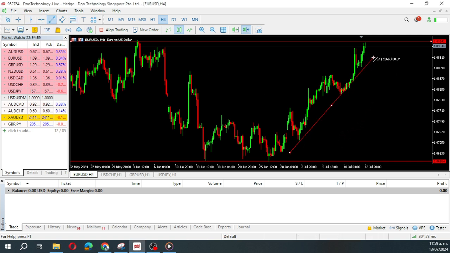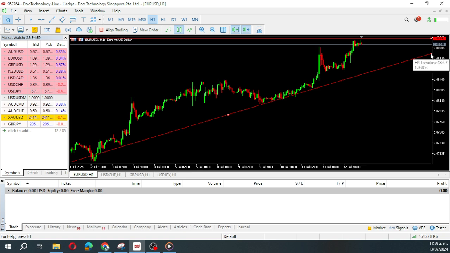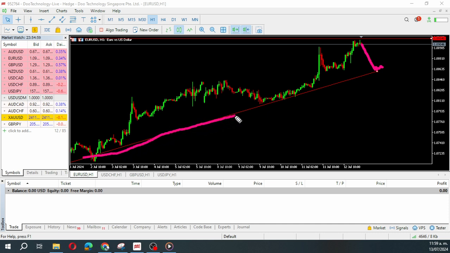A trend line that coincides with the most similar points. Let's put it in 1-hour time frame, right? So maybe the Euro USD in the next session is going to move down, and this area, where there is a coincidence with this upper trend line, begins to move up, right?